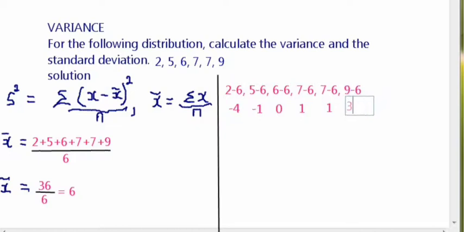Remember, what we just computed now is x minus x bar.